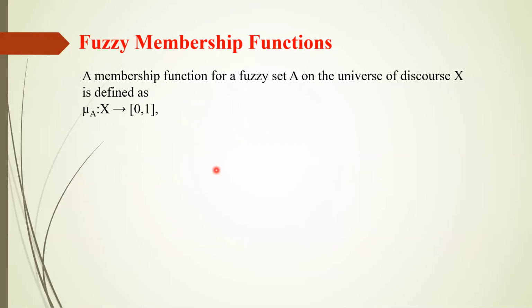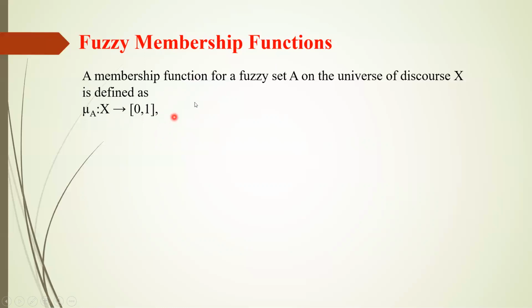Okay. So we already know that fuzzy logic is not logic that is fuzzy, but logic that is used to describe fuzziness. This fuzziness is best characterized by its membership function. In other words, we can say that the membership function represents the degree of truth in fuzzy logic.